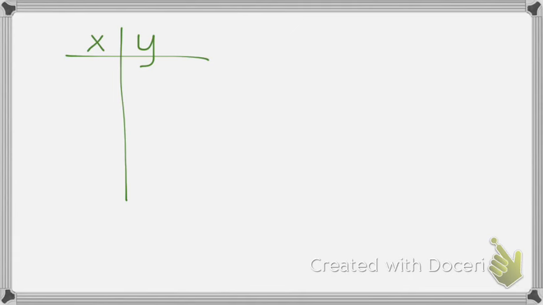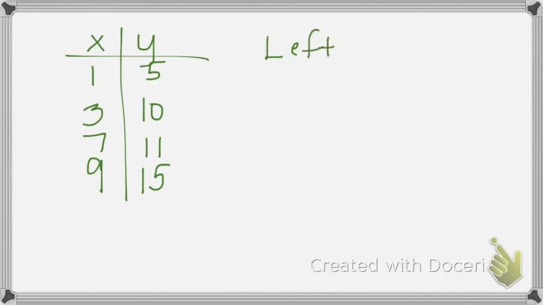Unfortunately, whenever you're given a table or information, it may not be even intervals. Let's say on this problem that I wanted to find the left sum. And this one's different from the others because if you look at the x values, they're not going up by the same amounts.